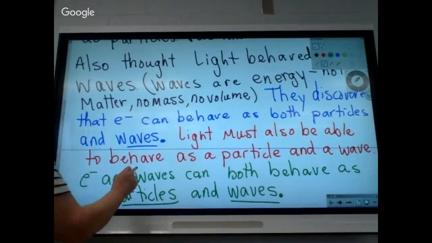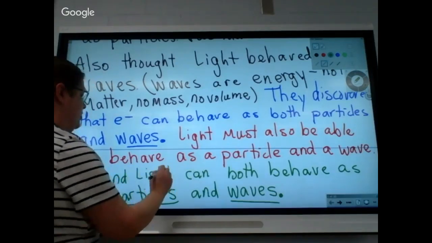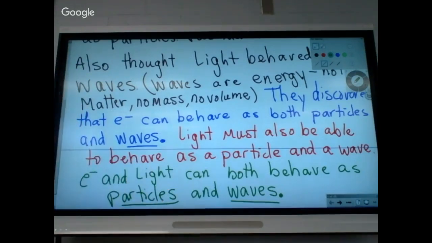Whoops, I've changed the word. Let me fix that. Electrons and light. Let me change that. I know you're writing in ink, that just upset you. Electrons and light can behave as both particles and waves. Okay? That's the summary of what we just said.